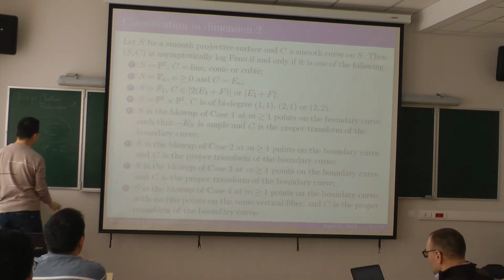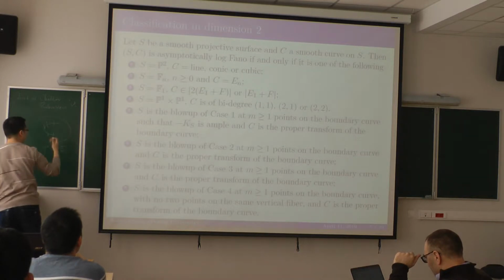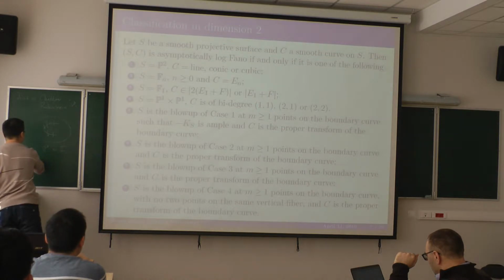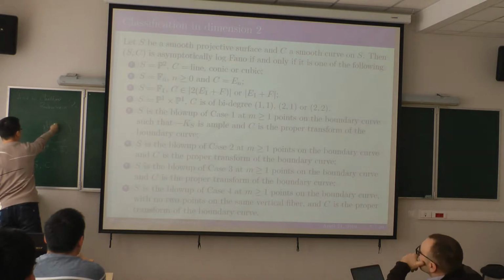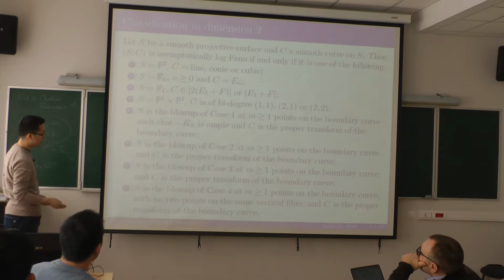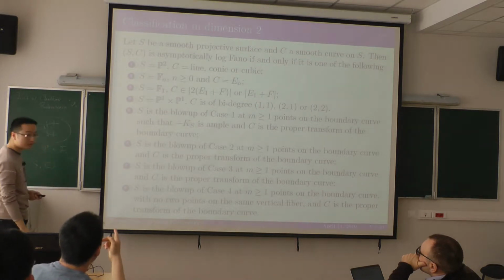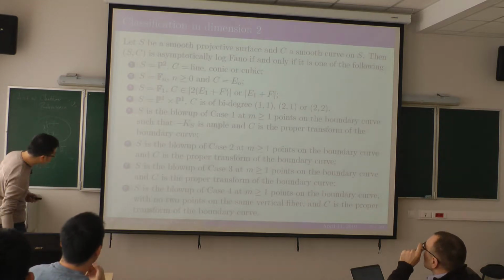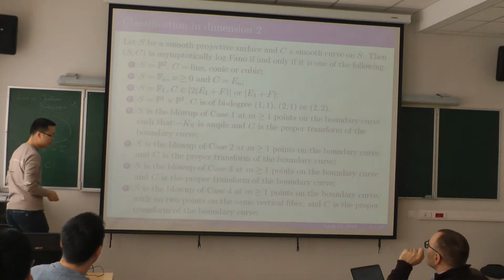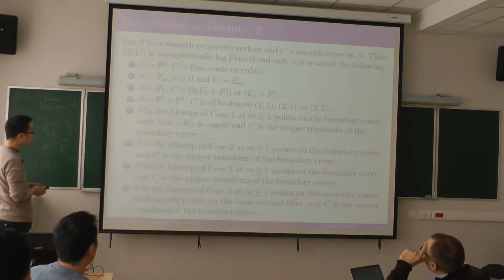Then you pick some general points and you blow up. The surface is just the blow up, and the curve C is the proper transform of the initial boundary curve. In this way, you can cook up many asymptotically log Fano surfaces. So what is E_n? E_n is the -n curve in F_n.